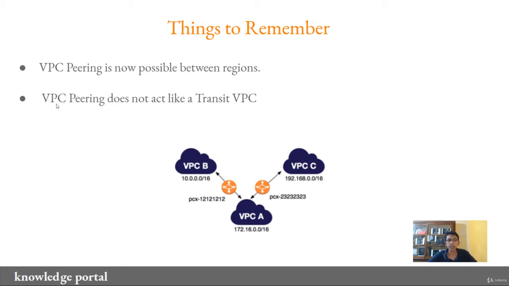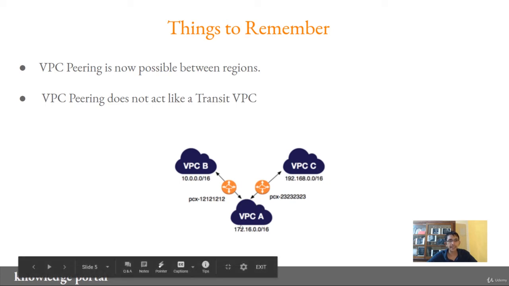The second important pointer here is that VPC peering does not act like a transit VPC. This is very important. Let's say that VPC A has a peering with VPC B and VPC C. This does not mean that the EC2 instance in VPC B will be able to communicate with the EC2 instance in VPC C via the route of VPC A. So VPC A cannot act as a transit VPC.